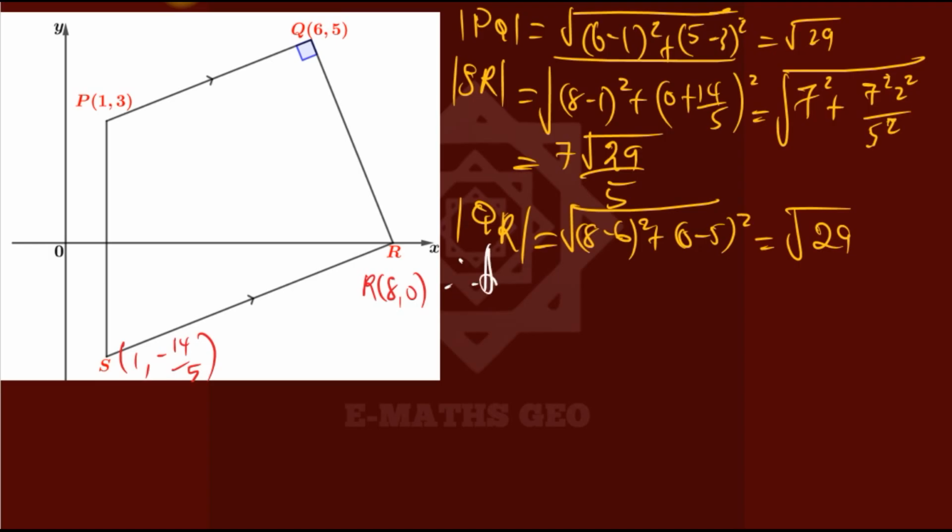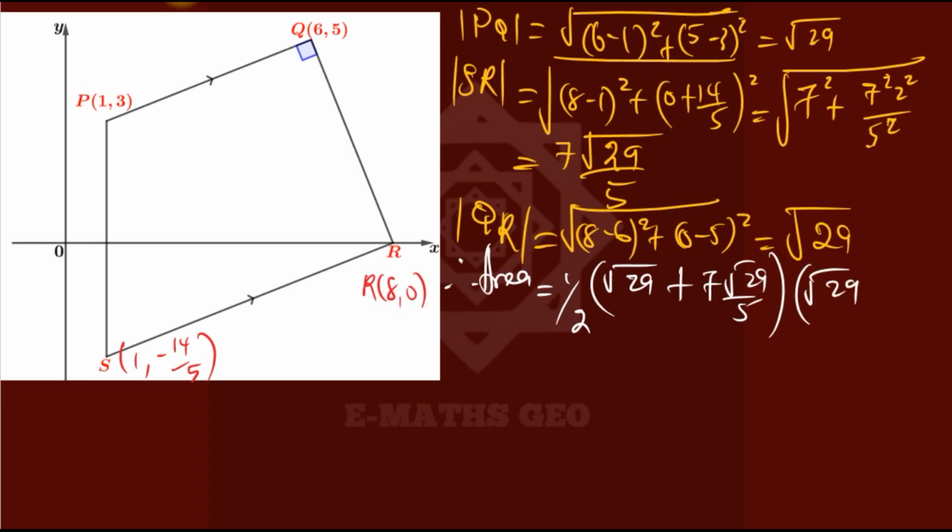The area of a trapezoid is always half the sum of the parallel sides times the height. The parallel sides are PQ and SR, so this plus 7 root 29 over 5, times the height. The height is QR, which is the square root of 29.